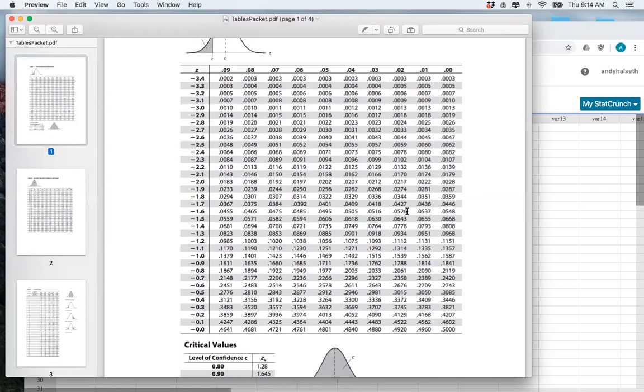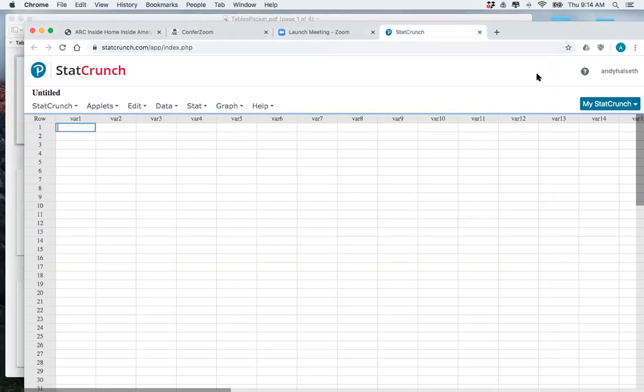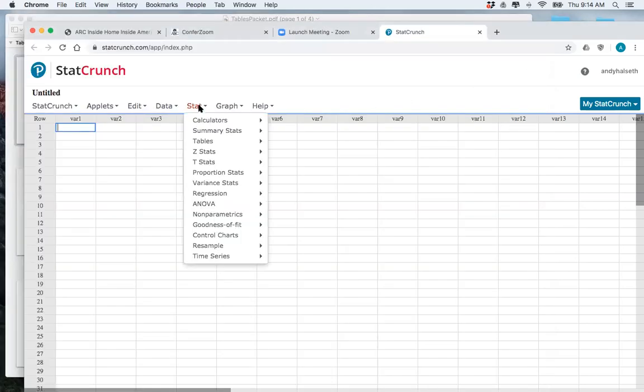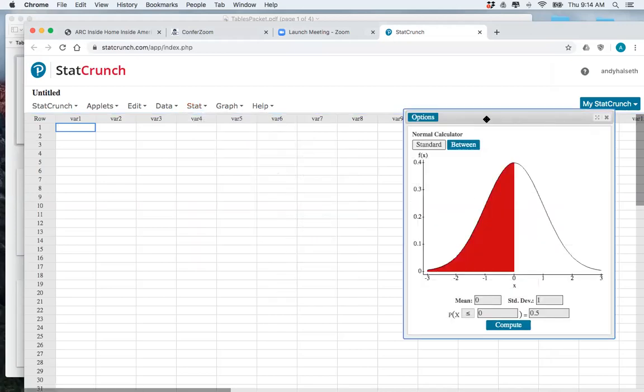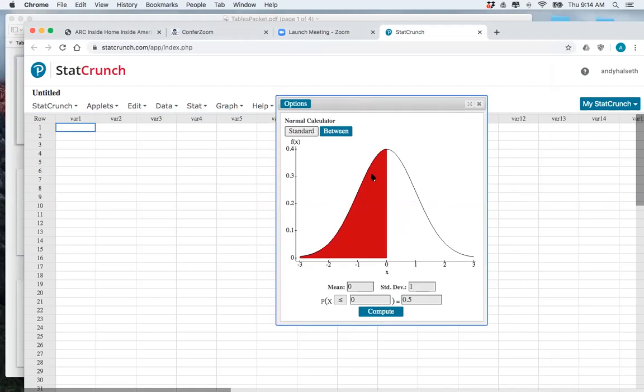All of those can be done with StatCrunch too. If I want to look at the StatCrunch way, if you prefer, I don't care which way you do it, table or StatCrunch. Either one's fine. So I'll show the StatCrunch as well. It's that stat calculator normal that we've gone to in chapter 5. Right, so that's a familiar calculator. Leave the means 0 and 1.